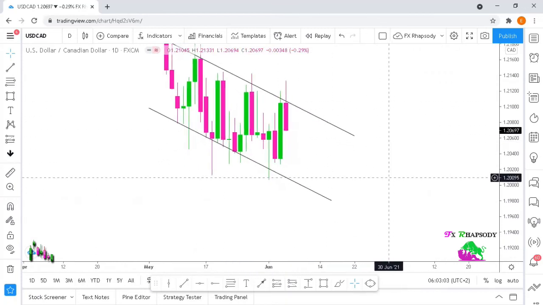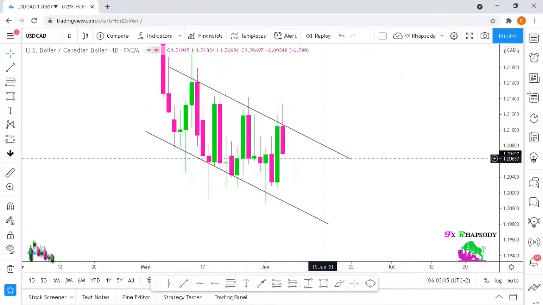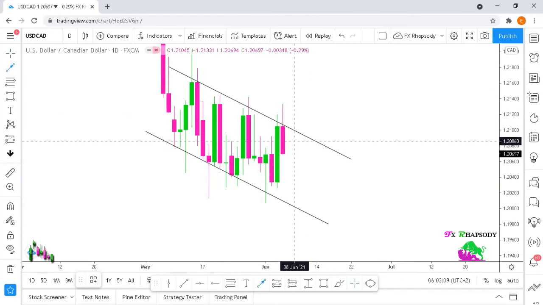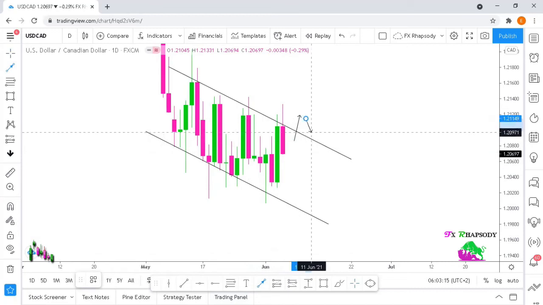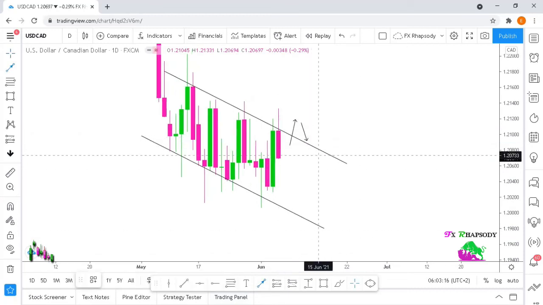So before we think of placing a buy, we want price to break this trend line and come and retest the trend line, and then we look for the buy.